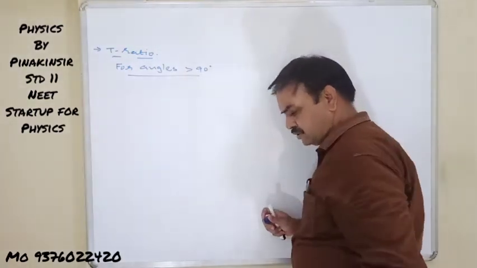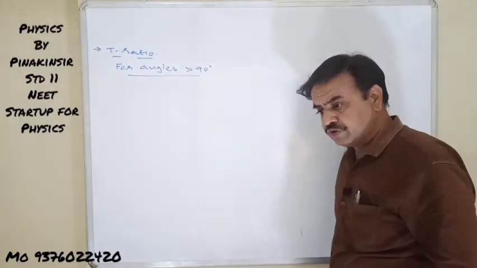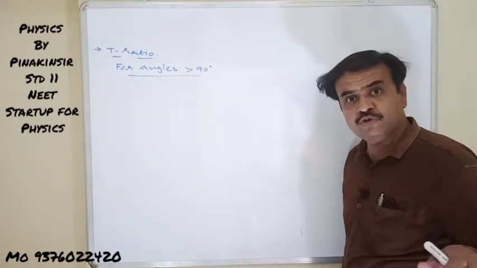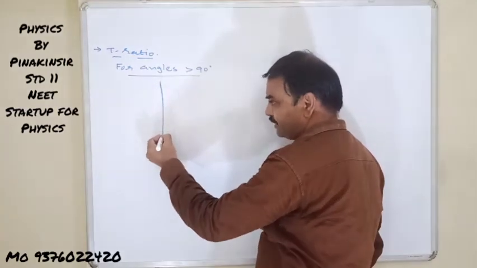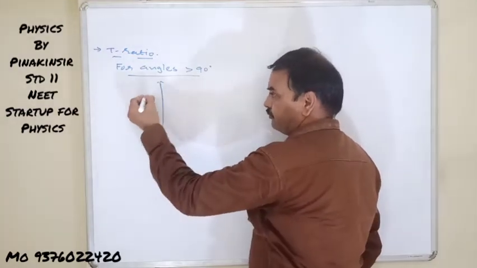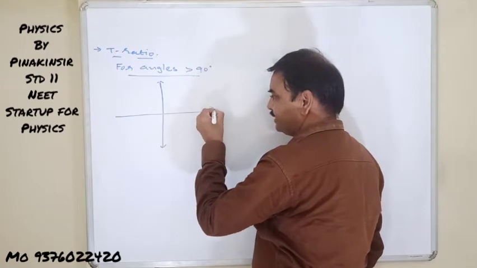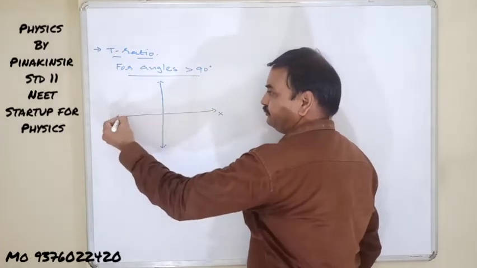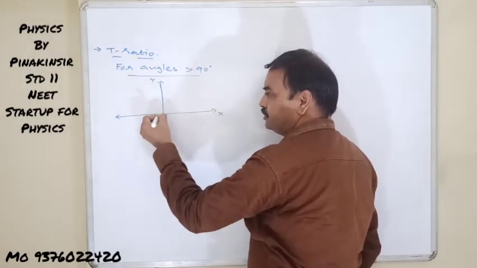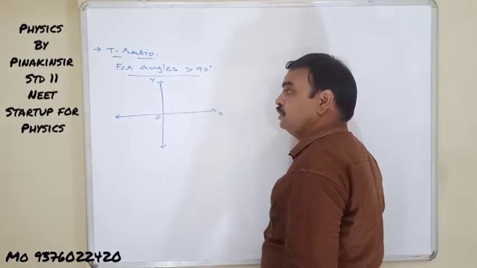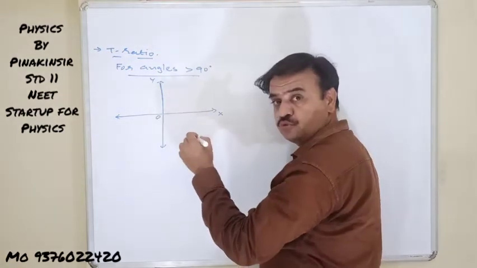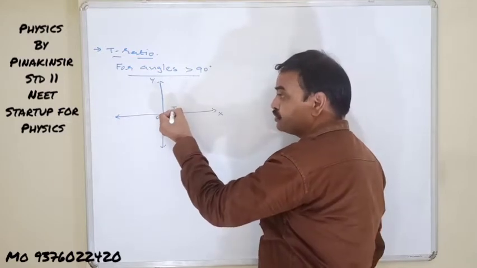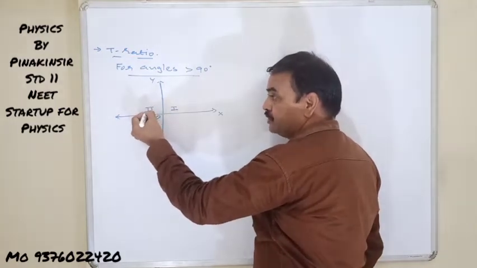Okay, let us just examine the XY coordinate system. Here we are having the Y axis. This one is the X axis. Here is our origin. As you know, this one is said to be the first quadrant. This one is second.